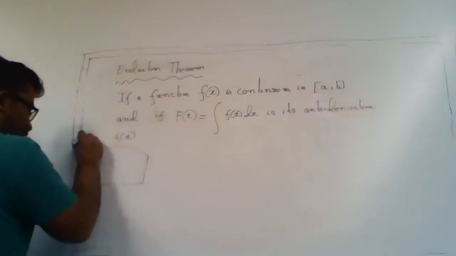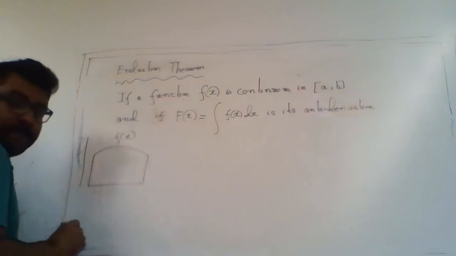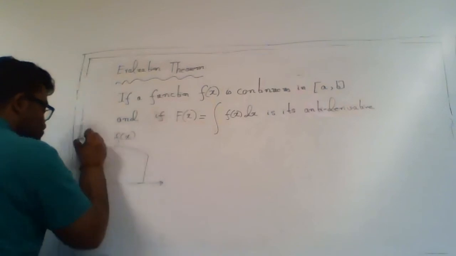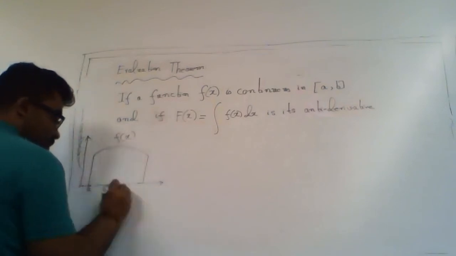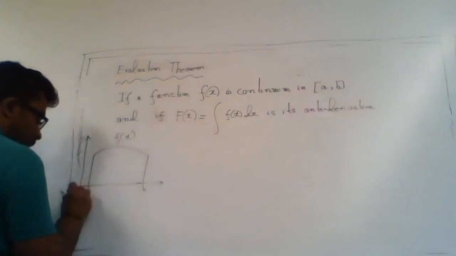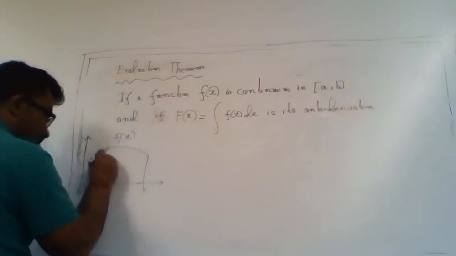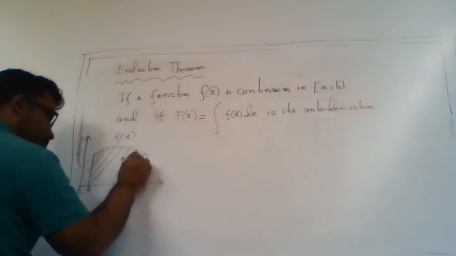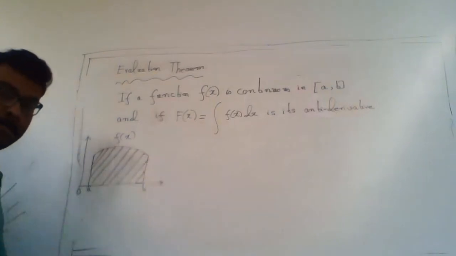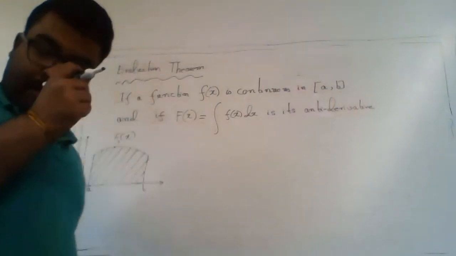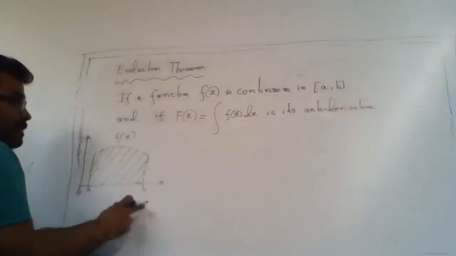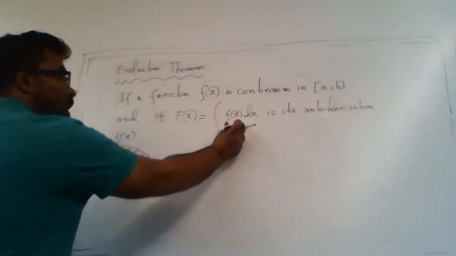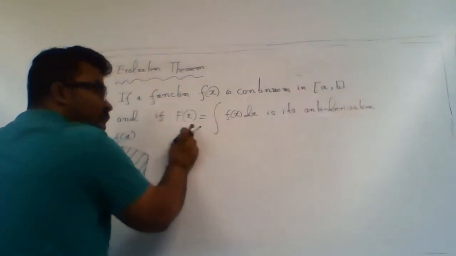Let me draw the figure for you so that it becomes easier to understand. I have a function which is defined in the interval [a, b], and somehow, using the techniques that we discussed in video 1, we are able to find its indefinite integral or its antiderivative.